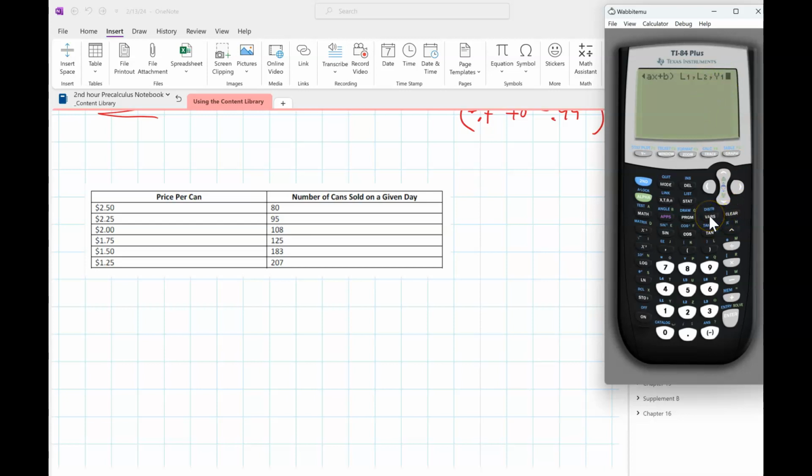To do that, you're going to press the vars button, which is below the down arrow. Move over to the Y-VARS tab. Select function. Select the Y1 from that list, and then press enter to run that. Okay, I got it.